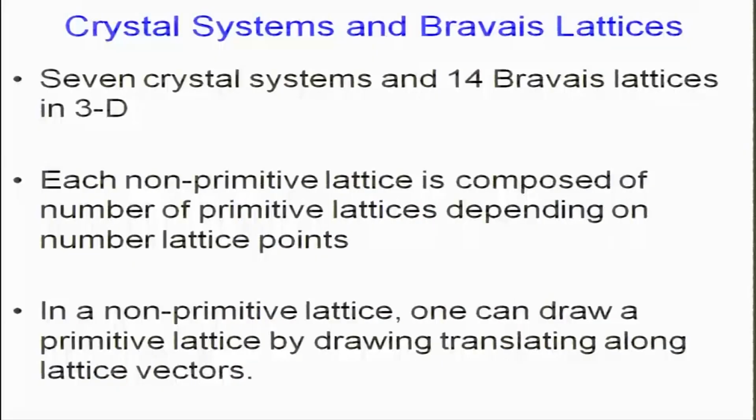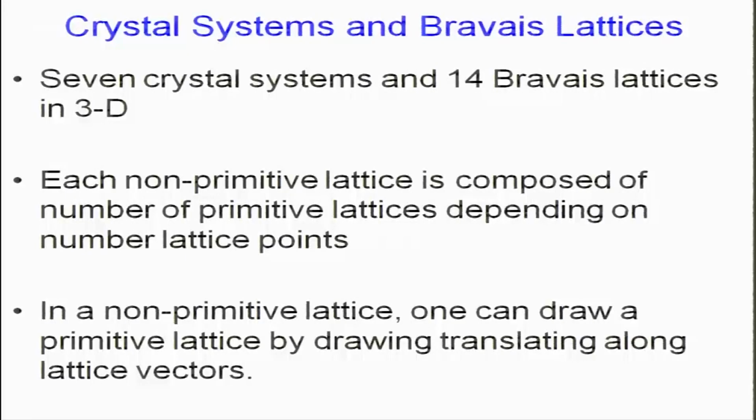So let me now go to the next topic. We have seen that there are 7 crystal systems and 14 Bravais lattices in 3D, and we also saw that each non-primitive lattice, such as face centered cubic or body centered cubic in the case of the cubic system, is composed of a number of primitive lattices depending upon the number of lattice points.